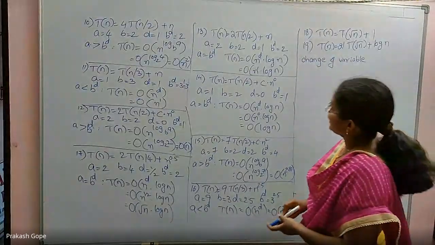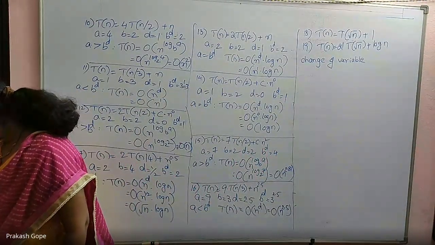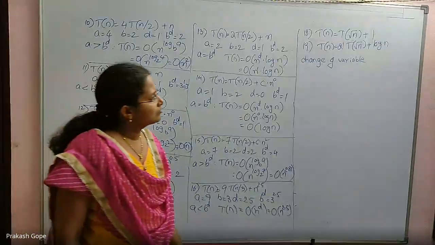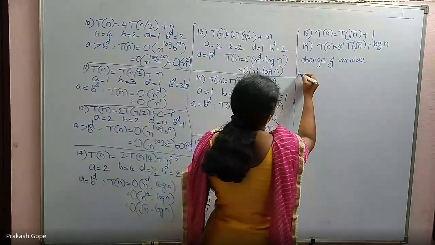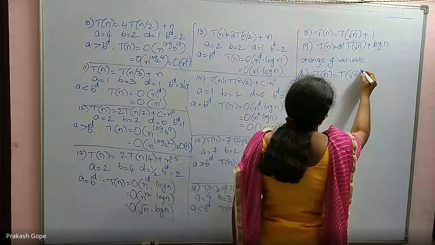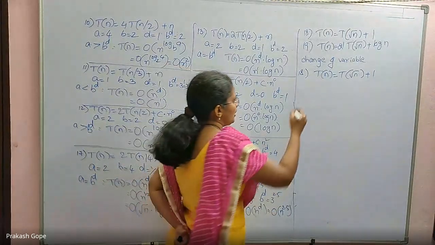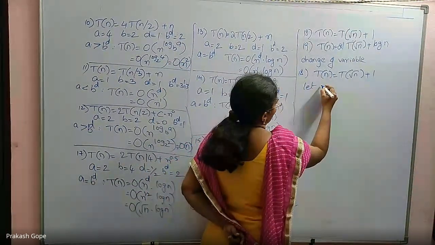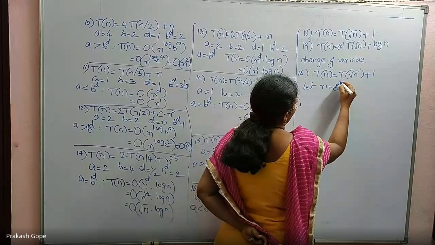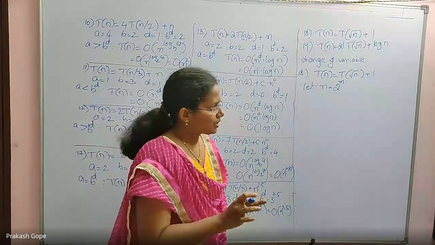I will solve the 18th question. You must solve 19th question. Question: T of n is equal to T of root n plus 1. I'm saying let n is equal to 2 power m. I'm changing the variable. Till now the equation is in n.